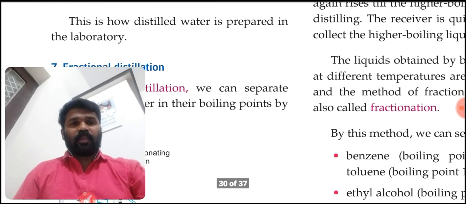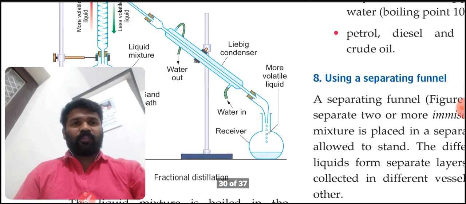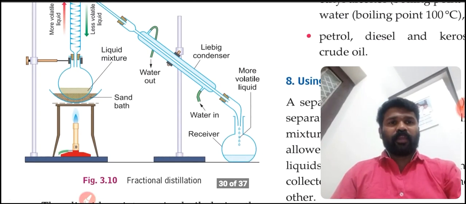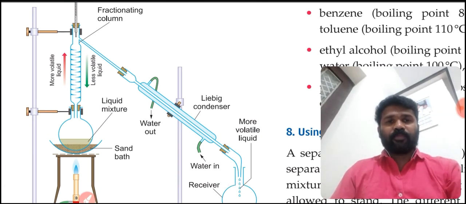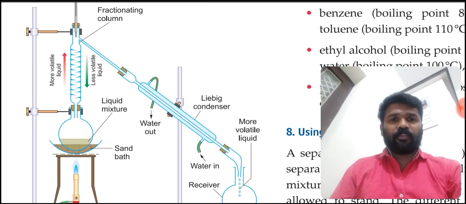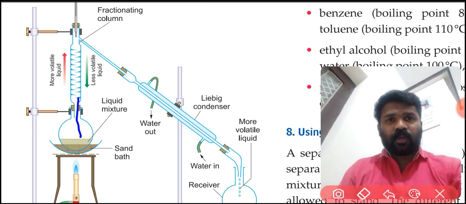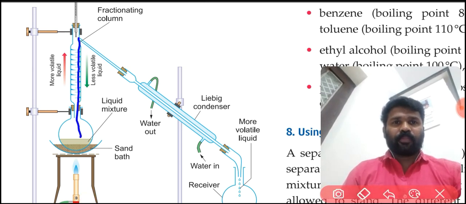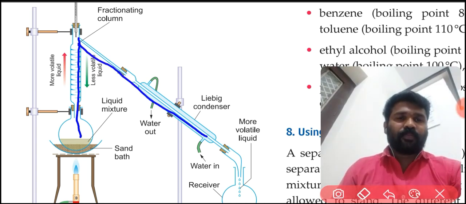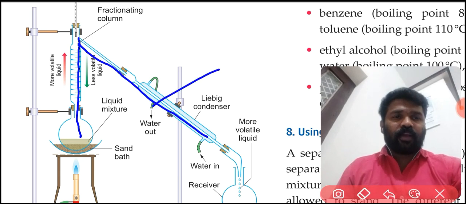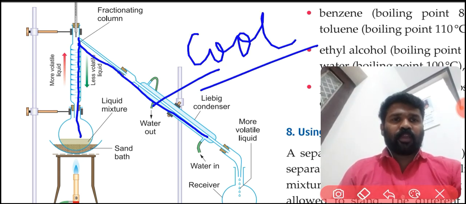You can go through the diagram once again. Suppose the lower boiling point liquid is vaporized. What will happen to it? It will pass through the fractionating column and the Liebig condenser, where it will cool and condense and change into liquid.